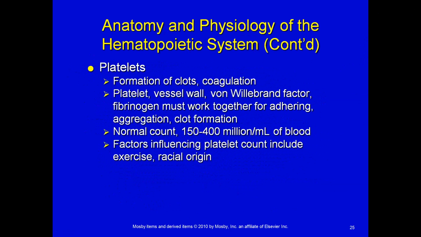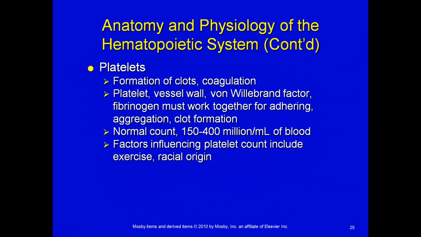And normally your platelet count is somewhere between 150 and 400 million per milliliter of blood, and some factors that do influence the platelet count include exercise and racial origin.